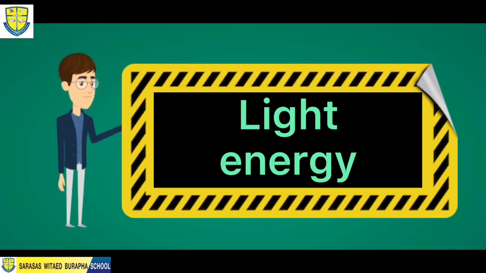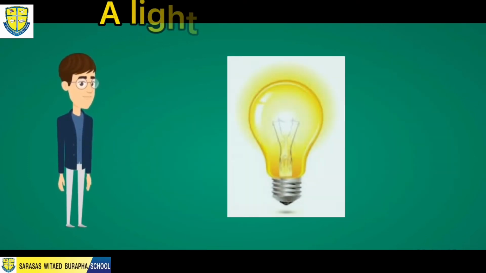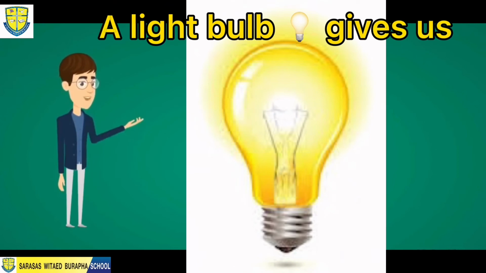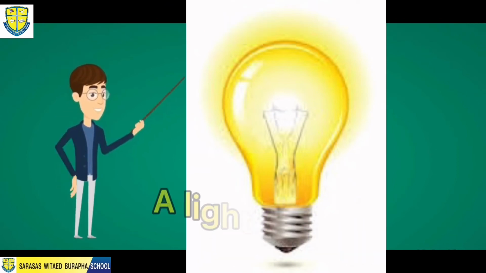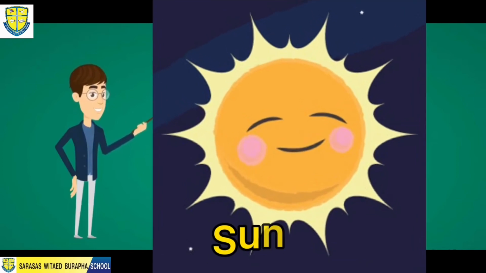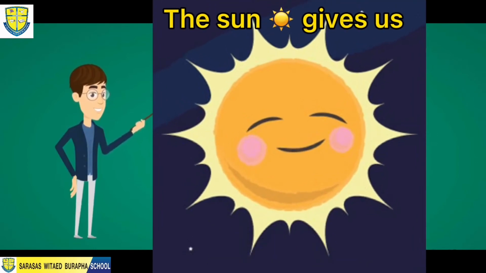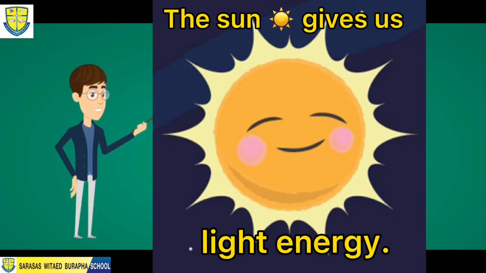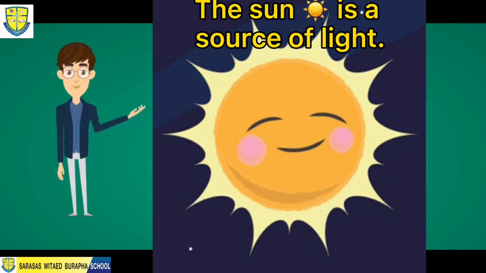Let's proceed with light energy. For example, a light bulb gives us light energy. A light bulb is a source of light. We also have the sun. The sun gives us light energy, and the sun is a source of light.